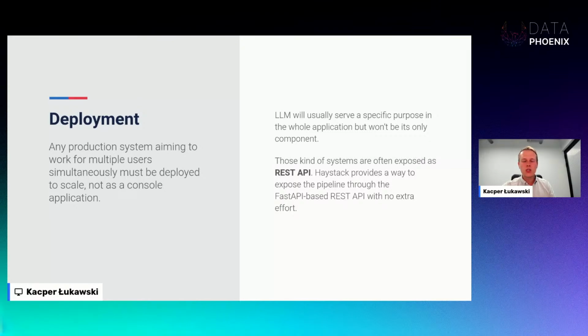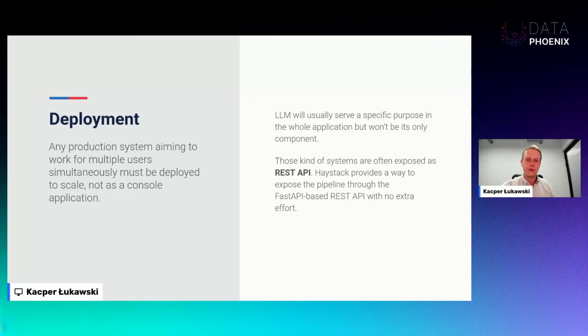That's why we should not be building our apps with the LLM already in mind and structure all the application around it, but LLMs should rather be covered with some sort of abstractions that will fit our architecture in an easy way. And providing that sort of functionality as a REST API is a common approach, and the only tool that allows you to do that out of the box is Haystack.